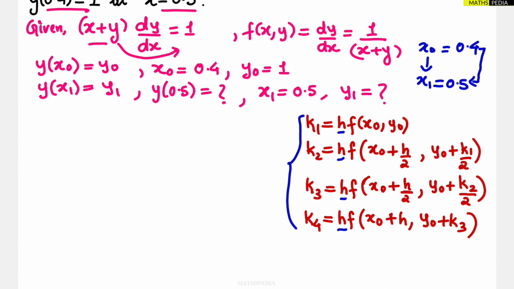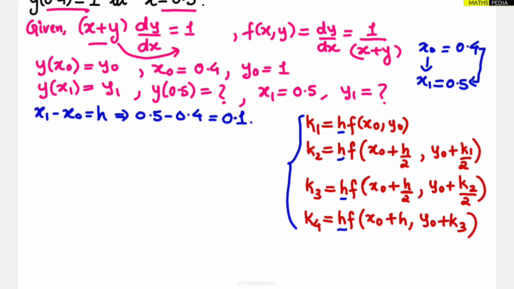This is nothing but step size. So if I subtract x1 minus x0, I will get the h value. So remember that x1 minus x0 gives the h value, which is the step size, which implies x1 value we know is 0.5 minus x0 value, the initial condition, 0.4. The answer is 0.1. This is how we have to find it.